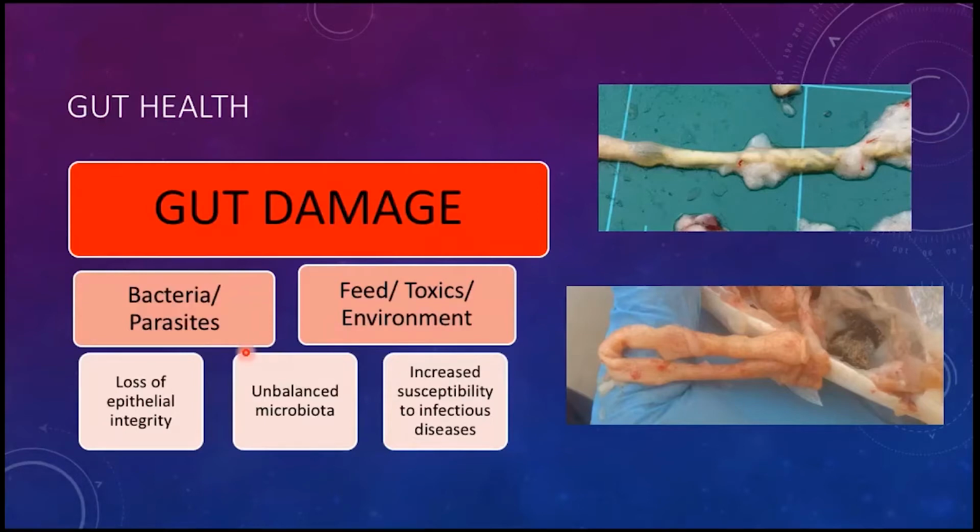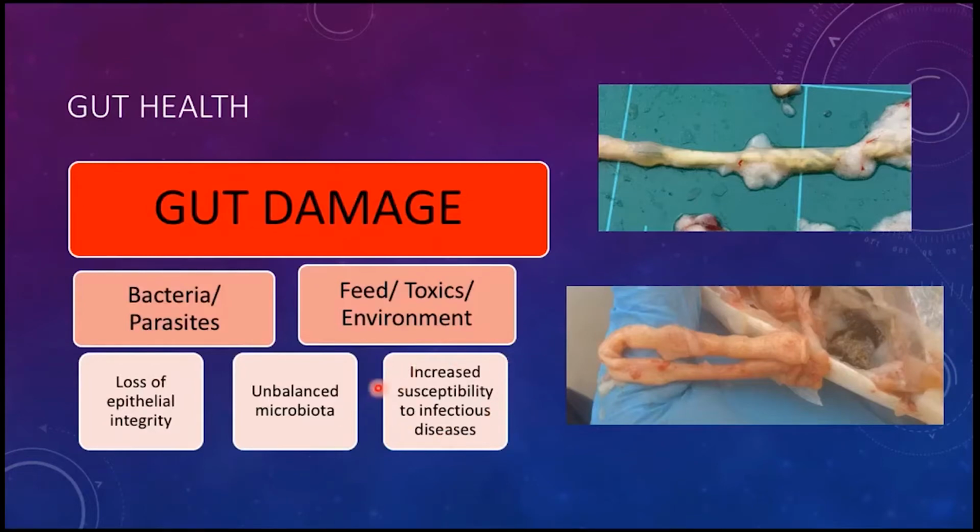Okay, so when we get this gut damage done, we have a loss of the integrity of the epithelium of the mucosa. Then we have also an unbalanced microbiota. Usually these changes come next to problems or an alteration of the normal balance of bacteria that are proliferating or are present in the intestines.